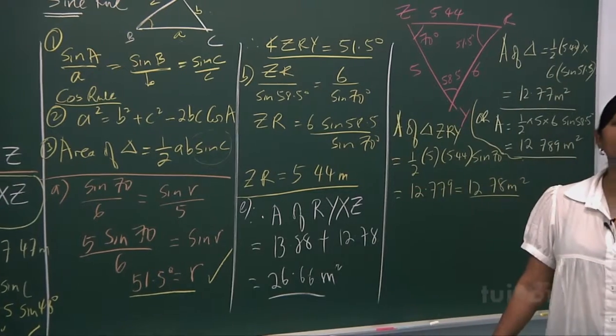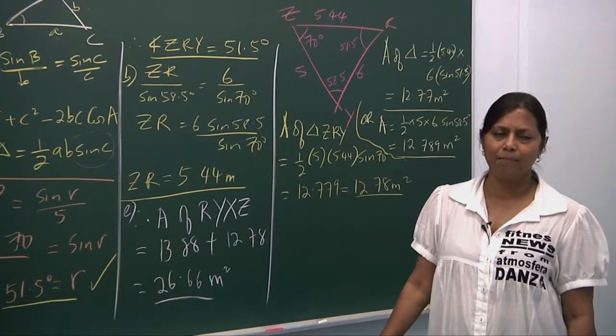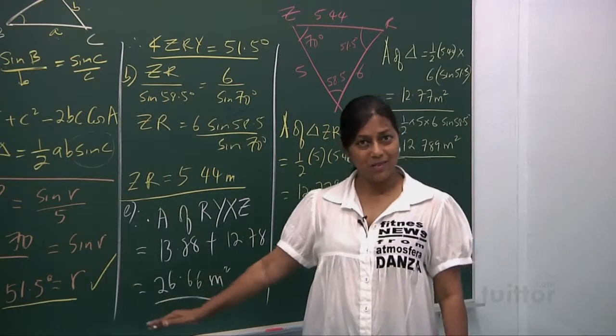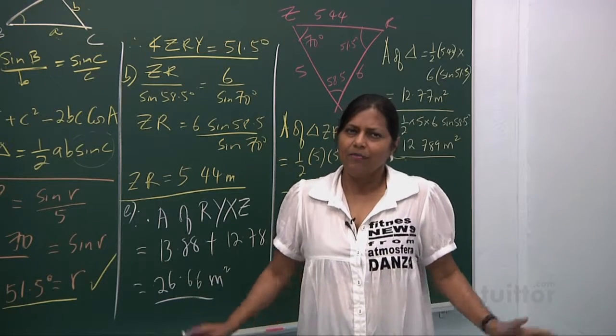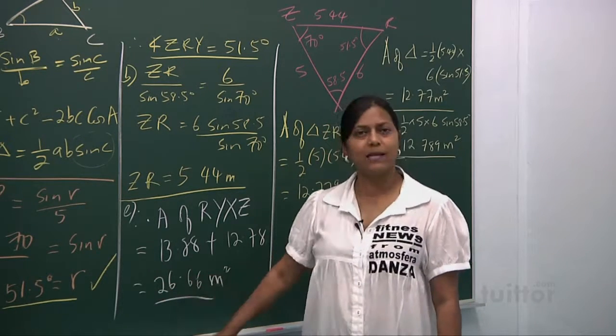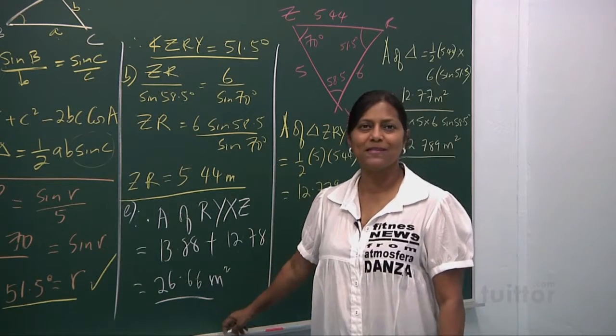If they want you to round off the answer to the nearest whole number, what do you get? 27, because it's 5 and above, you add 1. If they want 1 decimal place, you get 26.7.